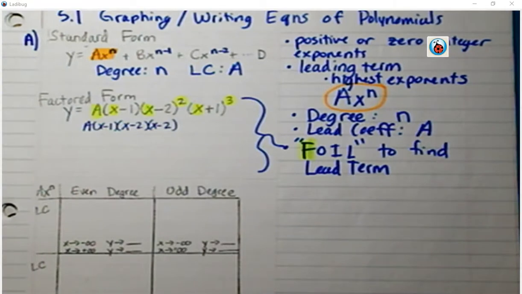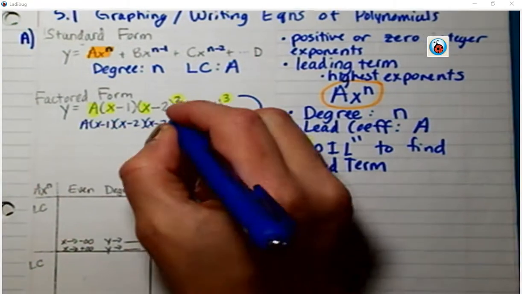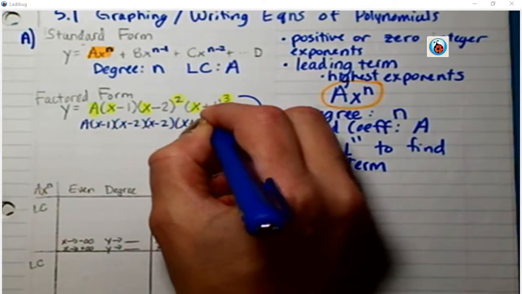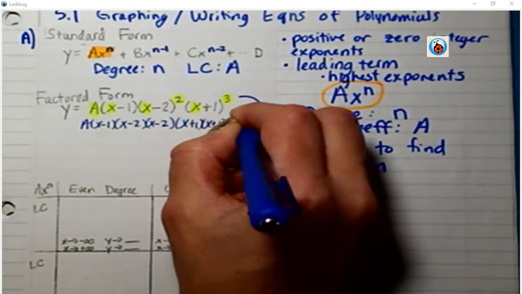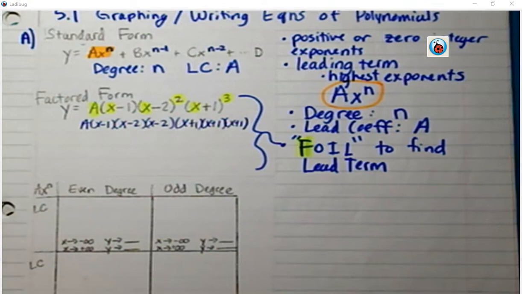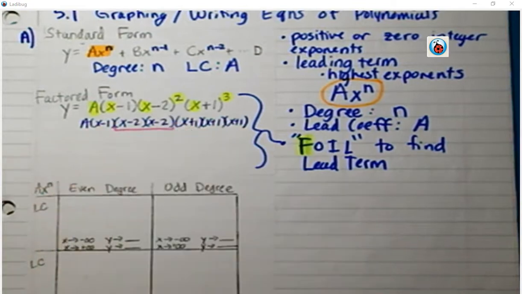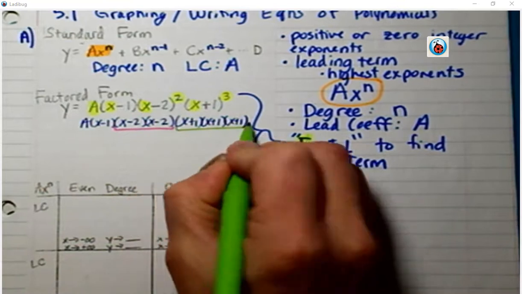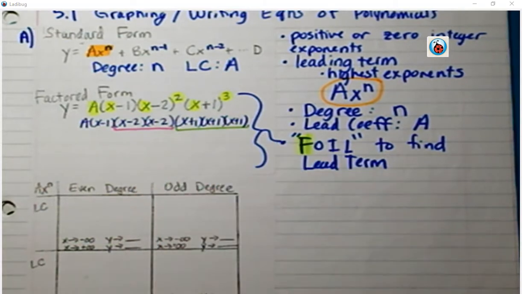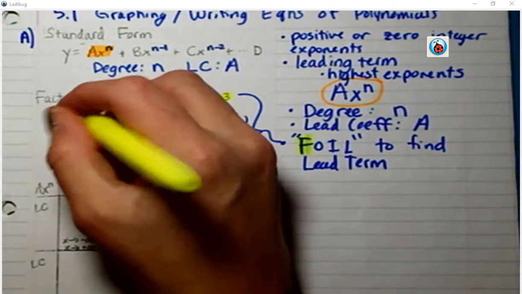Cubed means write it 3 times. Now that gets a little bit tedious to write, so I'm just going to highlight that exponent and know that I have to do something with it. So we've got this part, and I've got this part. For my leading term, I'm only going to take the first, and I'm going to multiply them.